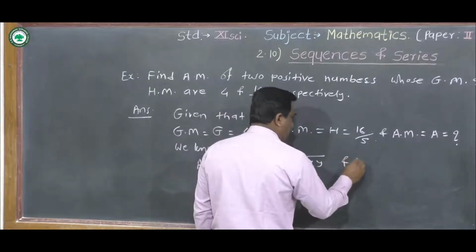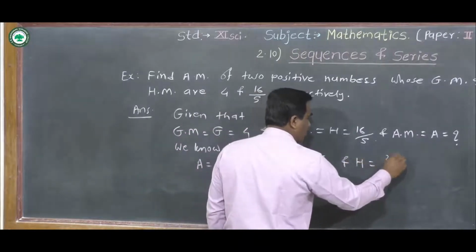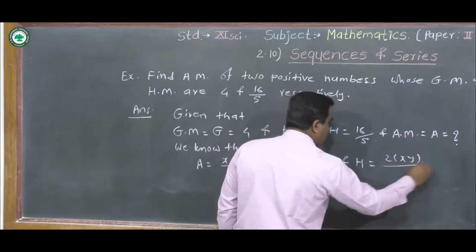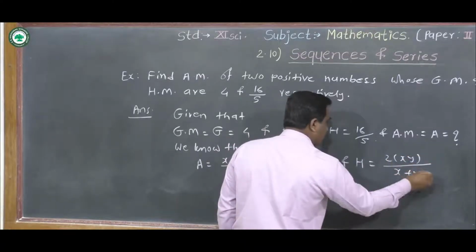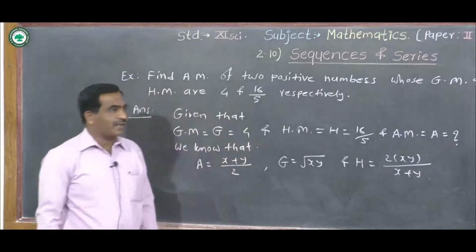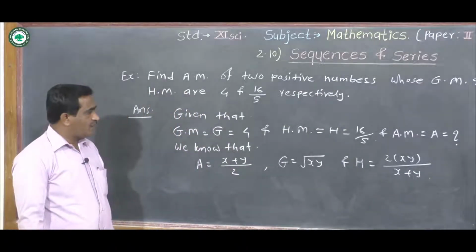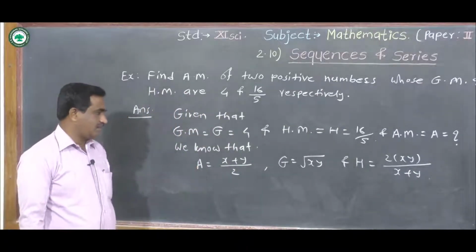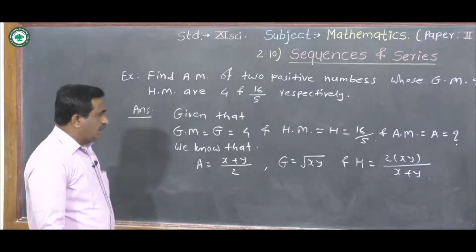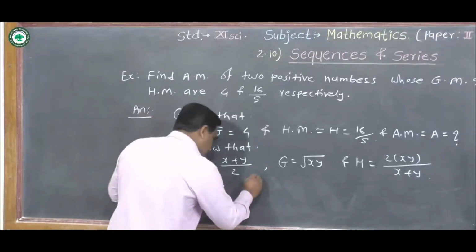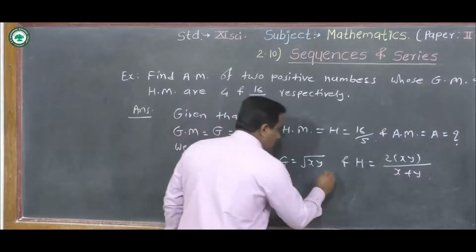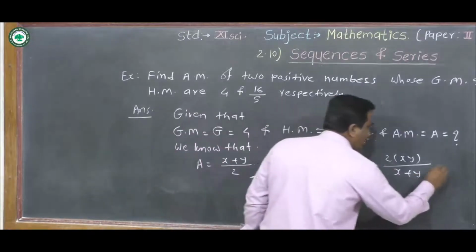And harmonic mean H is equal to 2 into x into y upon x plus y. Here x and y are any two positive numbers. Now we have to find A, that is AM. We call these equation first, equation second, and equation third.